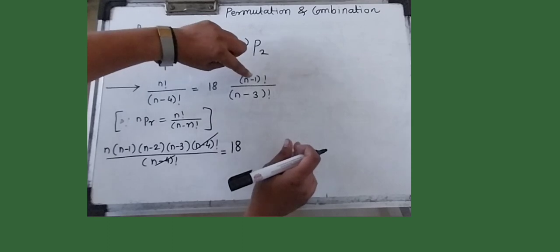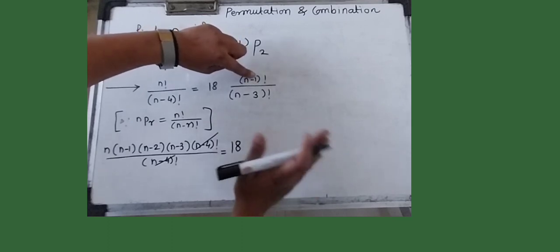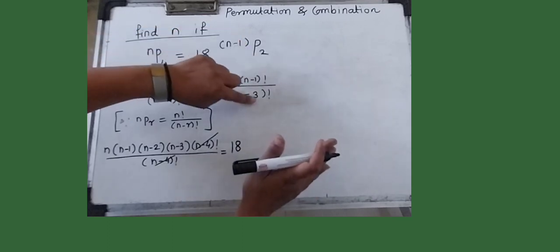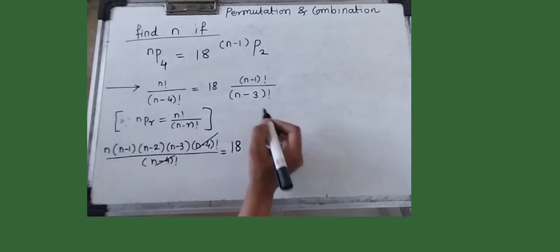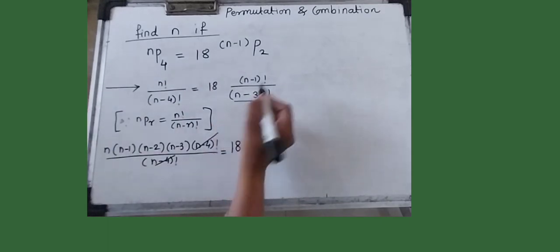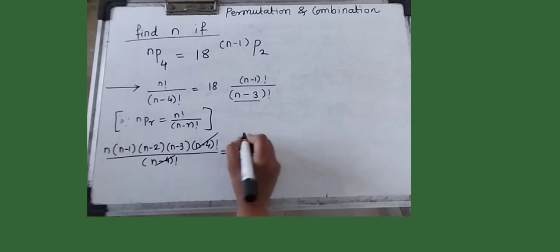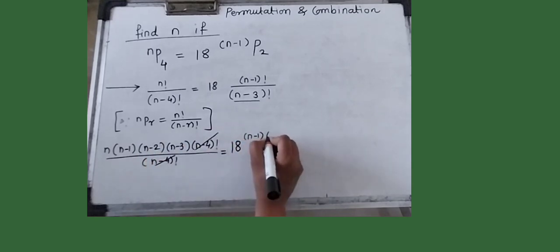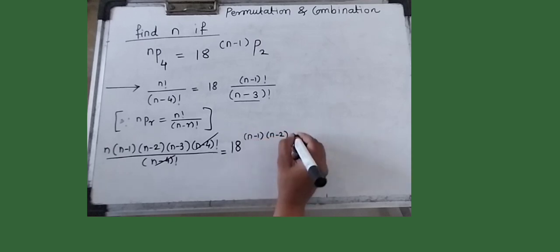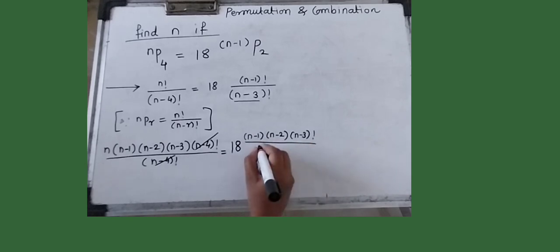From n minus 1 is reduced, from n minus 3 is reduced. Means this is the smaller term, this is the larger term. Similarly, I apply this rule. N minus 1, n minus 2, n minus 3 bracket factorial. Clear? N minus 3 bracket factorial.